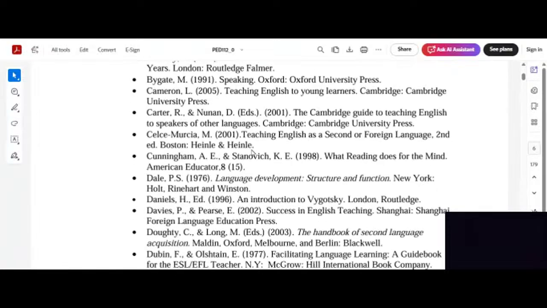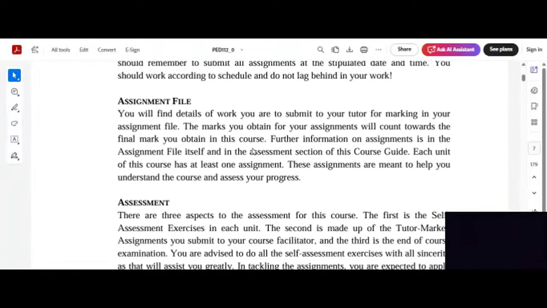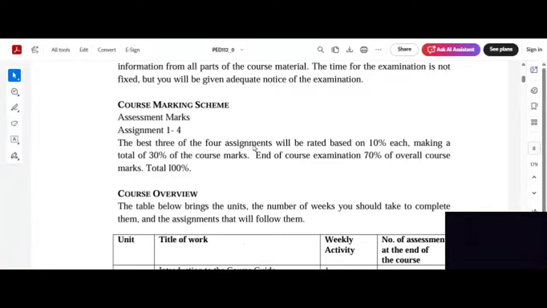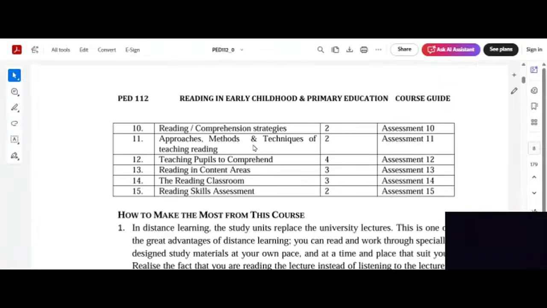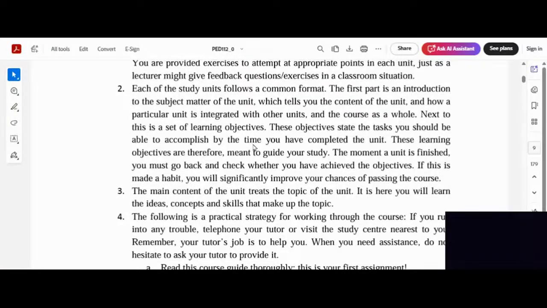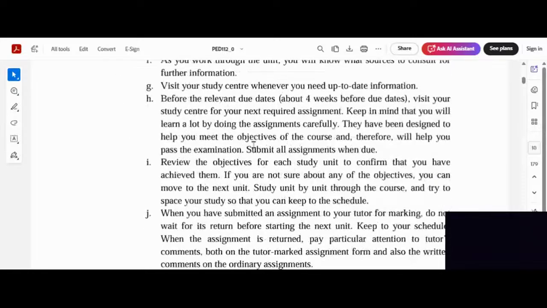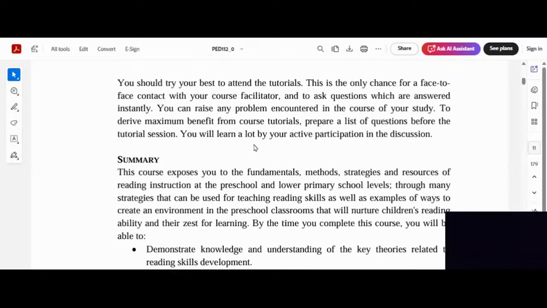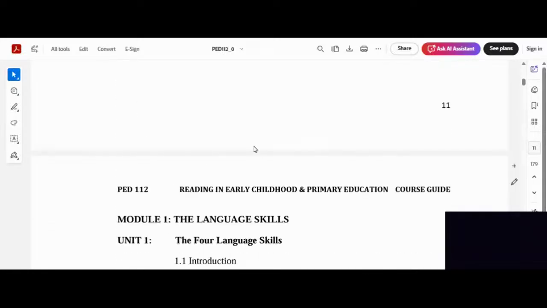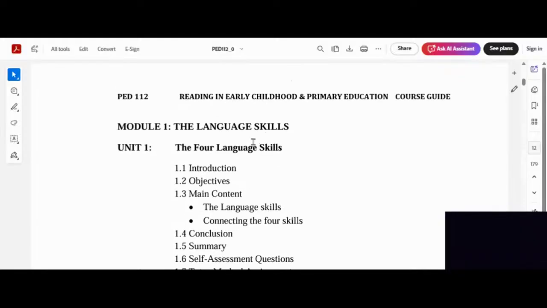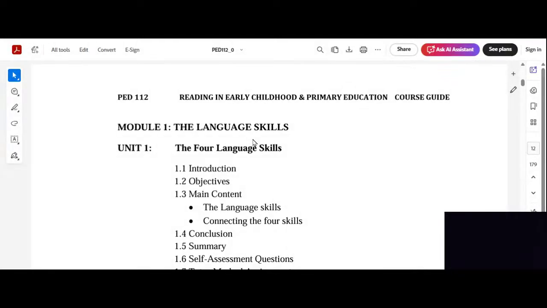If you have noticed all of the materials we have been reading about all this while, you find out that they don't only teach you how to teach a particular subject. The one that talked about science, the one that talked about mathematics, you will see in the table of contents that it doesn't only contain what the course is all about, or the benefit of the course.